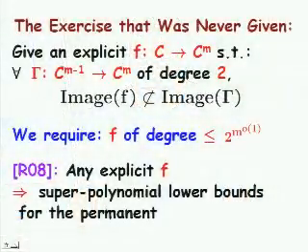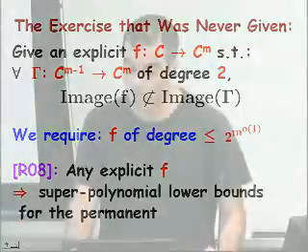And if you find such a mapping, you prove exponential lower bounds, actually super-polynomial lower bounds for computing the permanent over C. So why is it important that it should be explicit? If the mapping is not explicit, you still get a lower bound, but for a non-explicit function.